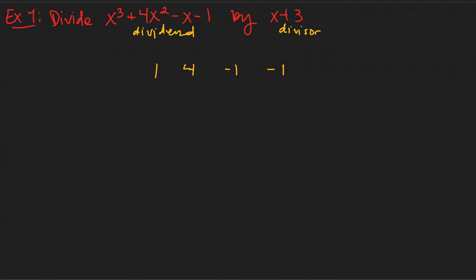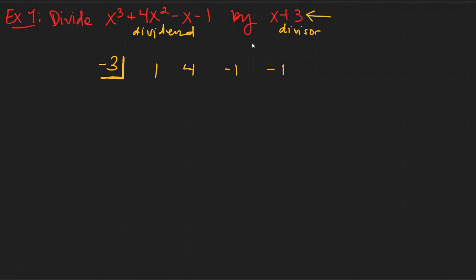Now over here on the left, I'm going to create a little half box, like a little shelf. And on my shelf, I'm going to ask myself, what makes my divisor 0? What do I have to plug into x to make my divisor 0? -3. So that's the question you really ask, but you can also think about the opposite sign of my constant term.